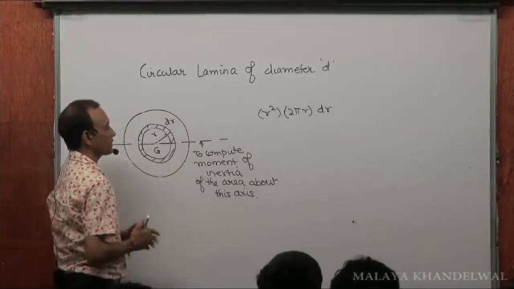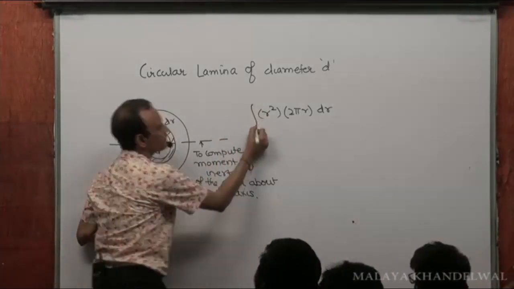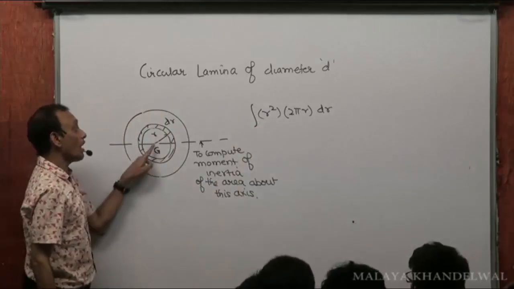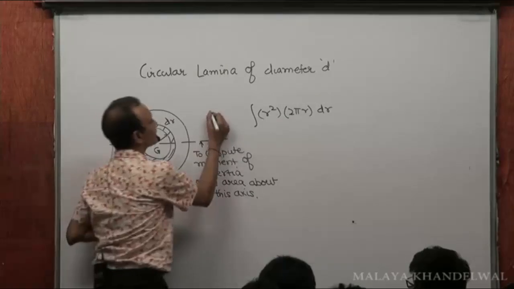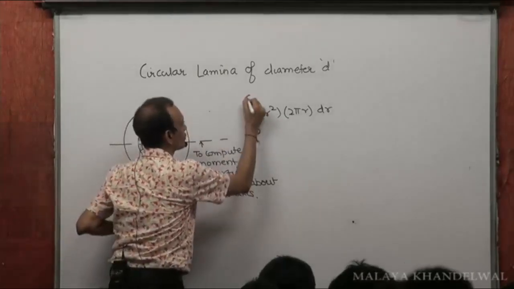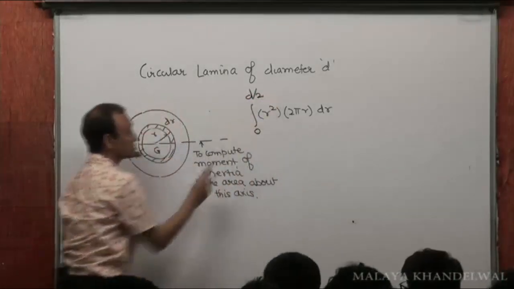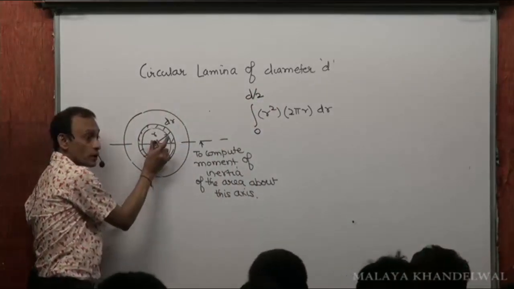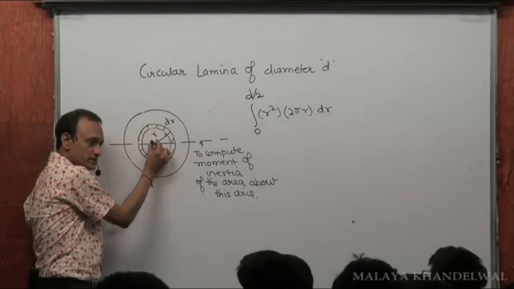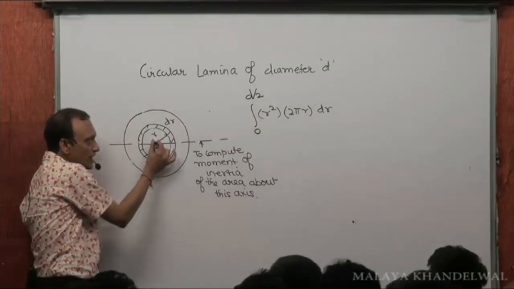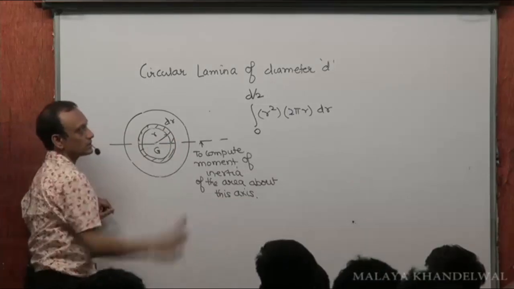The total moment of inertia is going to be the integral where r runs from 0 to D by 2. This is about an axis passing through G but perpendicular to the plane, because all these r's are distances from this axis, right?